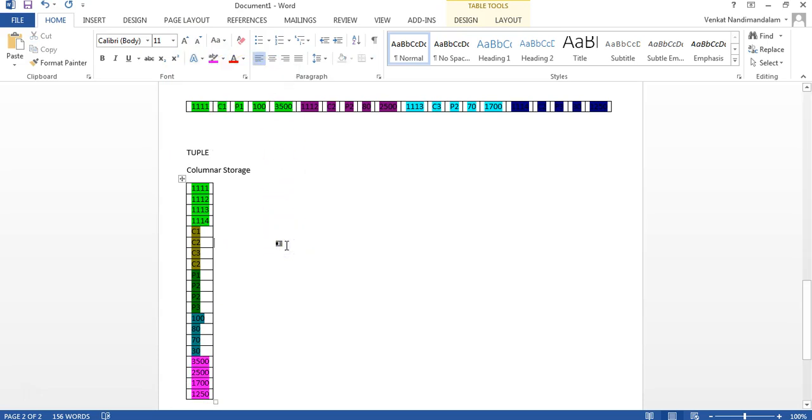Okay, if you look at these tuples, definitely you have got duplicate values here. You see, C2 has come 2 times in this, and in this P2 has come 2 times. So what happens with columnar storage is, as it is going to store all the column values in one tuple, it only stores unique values.